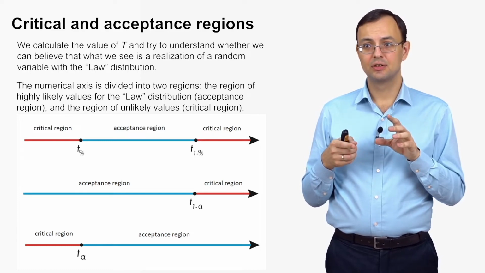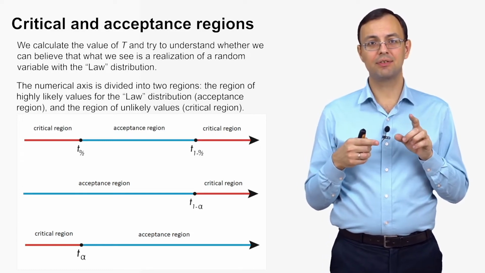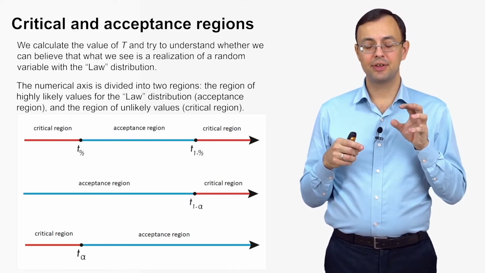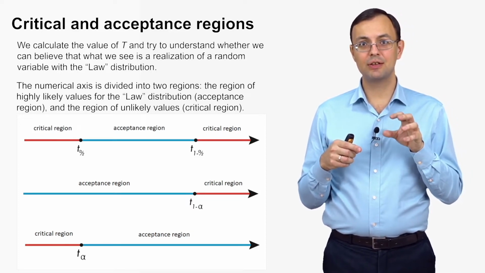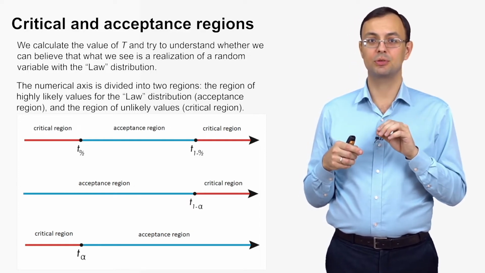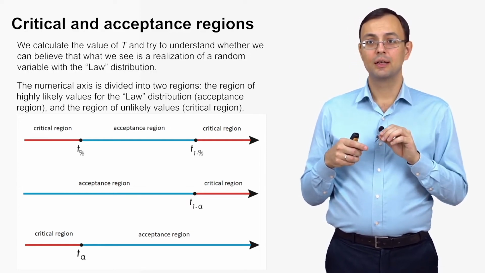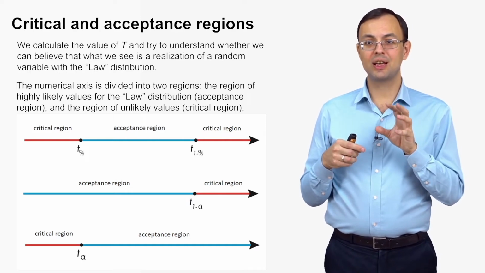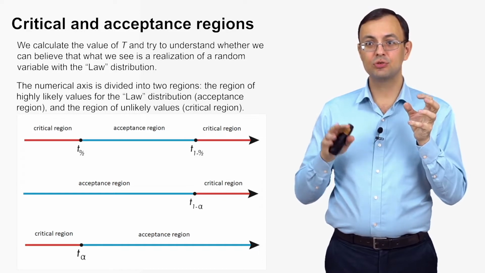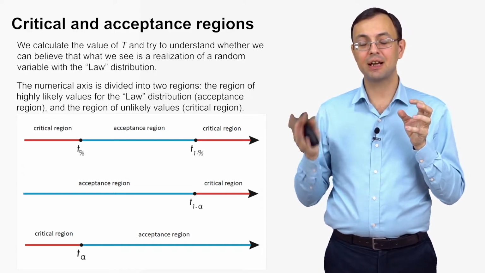And the quantile of the level 0.975 is such a number that the random variable takes values greater than this number with probability 0.025. So 2.5% for the left critical region and 2.5% for the right critical region.